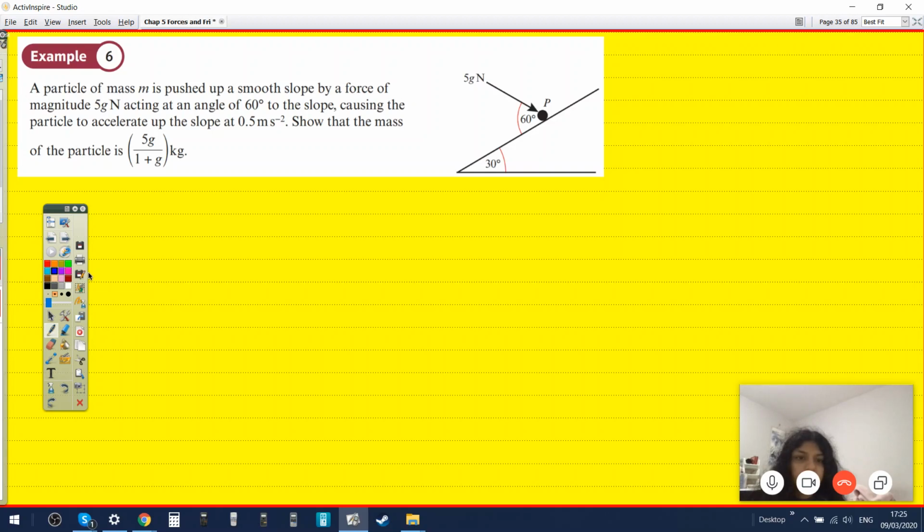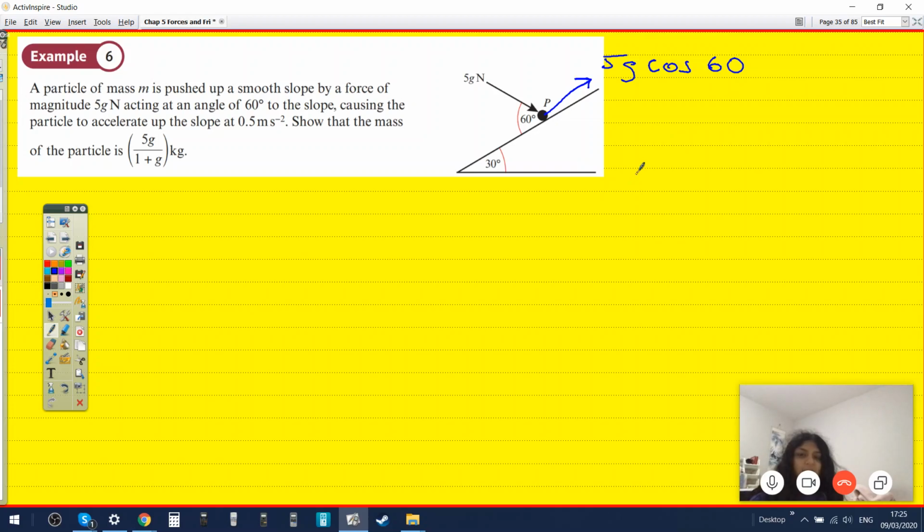Yeah. And do you know what sine 60 is the same as? Half? 0.5. No, root 3 over 2. Oh, I see what you're saying. Yeah, that's fine. Okay, so 5g cos. Wait, did you say sine?